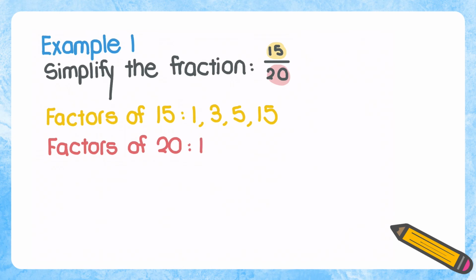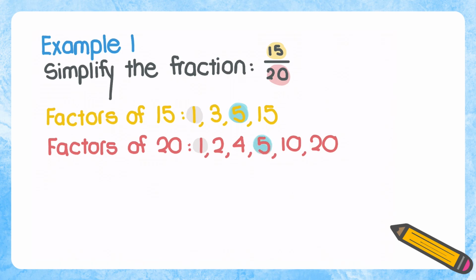So that would be 1, 2, 4, 5, 10, and 20. Let's find common factors. 1 is a common factor, and so is 5. In this case, the largest common factor is 5.